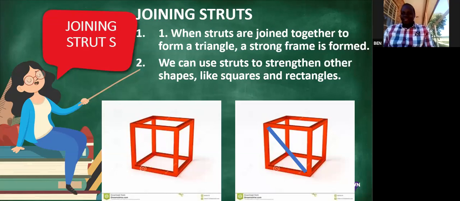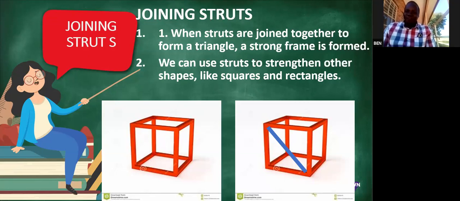Joining struts. That is where we start. When struts are joined together, they form a triangle and a strong frame is formed. What I want you to know is that when you join the struts together and they make the shape of a triangle, then the shape is going to be a strong frame.